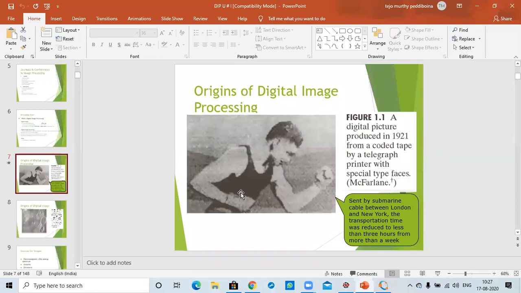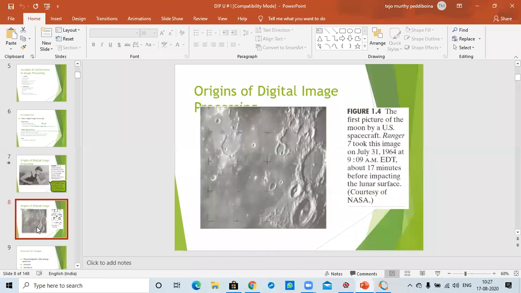At that time they have used a telegraph method, printer method. So that was a low resolution image in 1921. Even US NASA, they have taken images in 1964 from the satellite, of the lunar surface, moon surface.